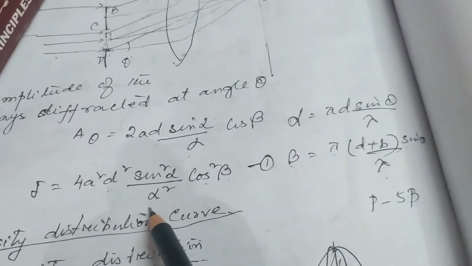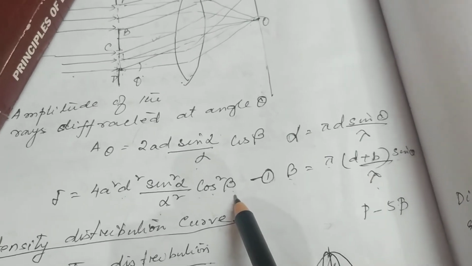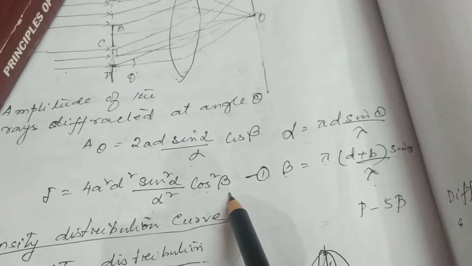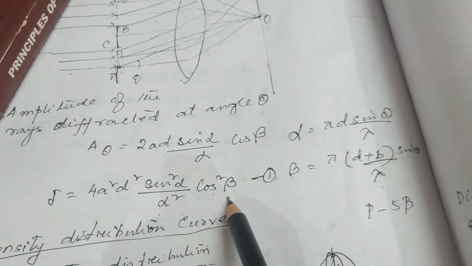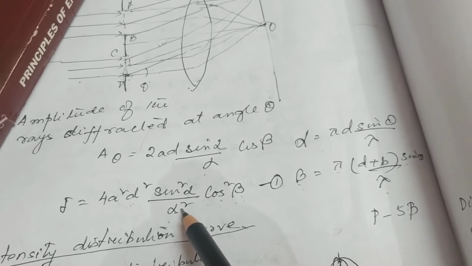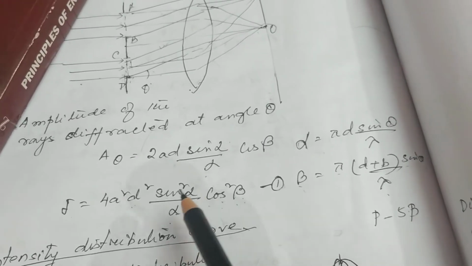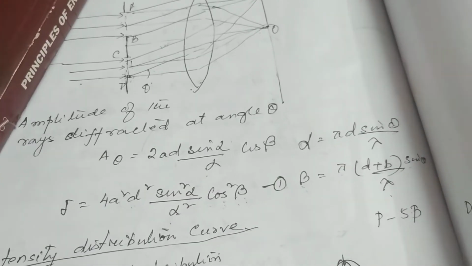One more thing here: the term sine square alpha by alpha square is the diffraction term and cos square beta is the interference term. You have already seen that the cos square term comes in the case of interference, and the sine square alpha by alpha square term is due to diffraction, as we got in the single slit case. So this term is for diffraction and this term is for interference. Now the intensity variation is shown here.